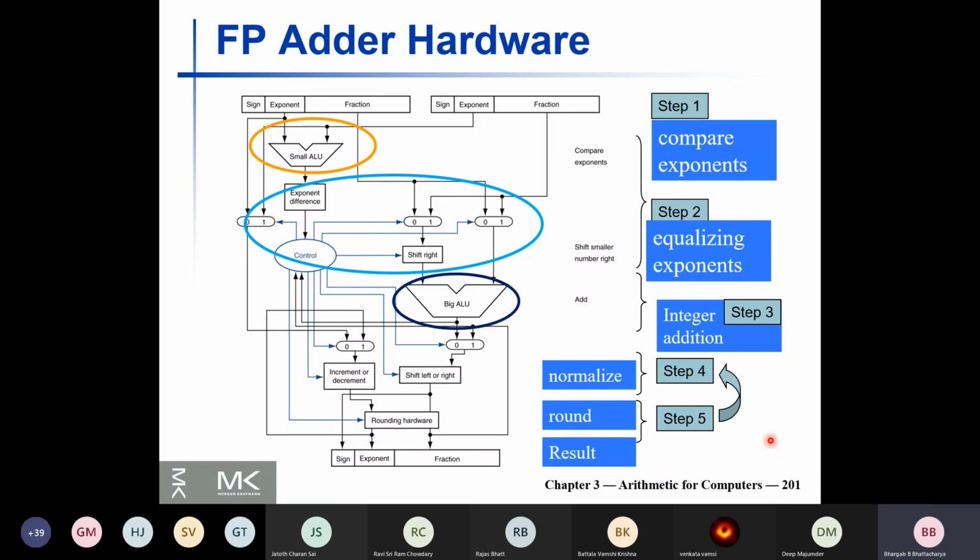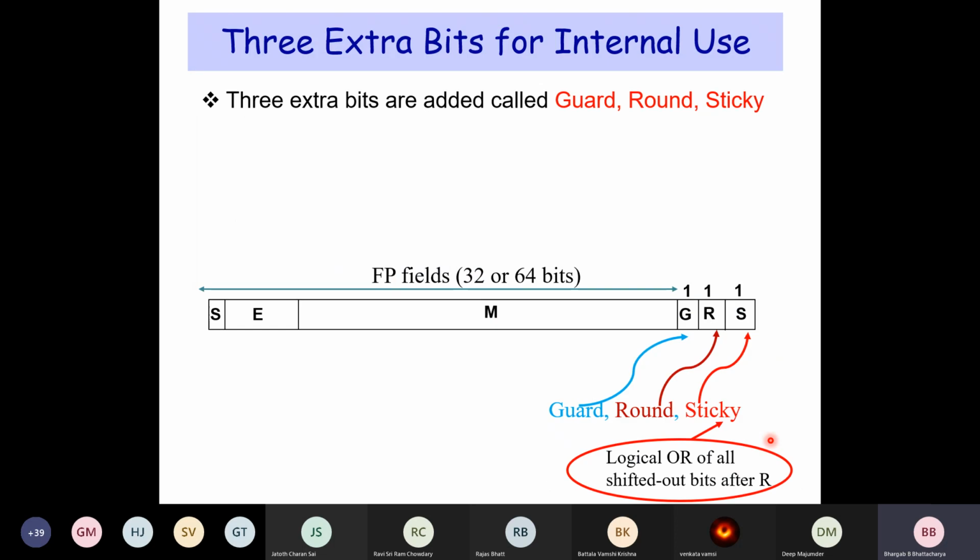In order to do that, as per IEEE recommendation, the structure is like this. So what is actually done is the following. Whatever you see here is the programmer's viewpoint. This is the part which is visible to you: the sign, exponent, and mantissa.